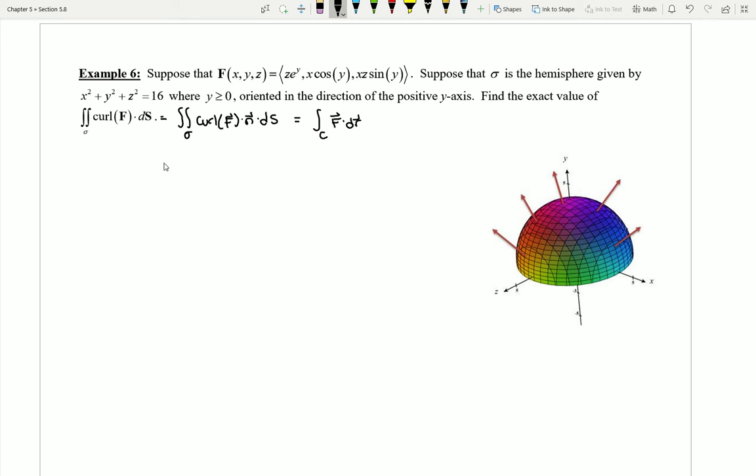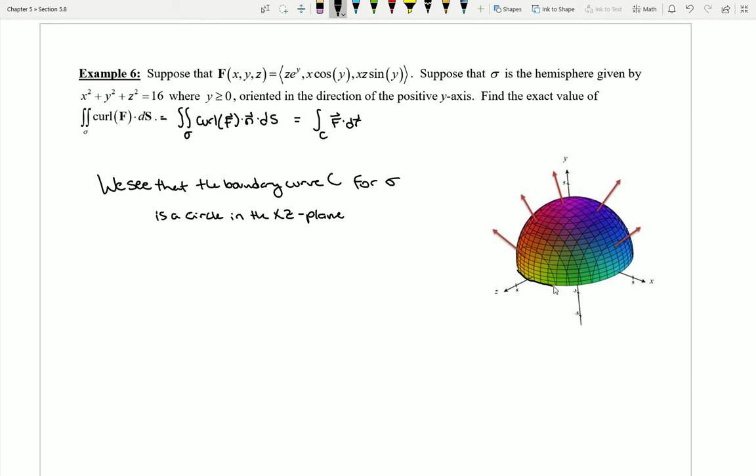So let's see what we have here. So I'll start by saying that we see that the boundary curve C for sigma is a circle in the xz plane. You can see it actually right down here.